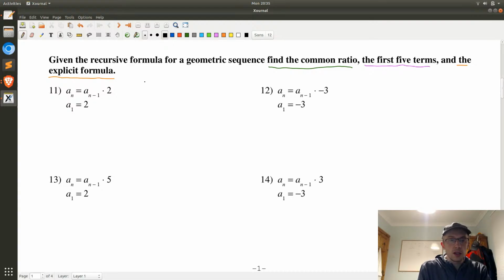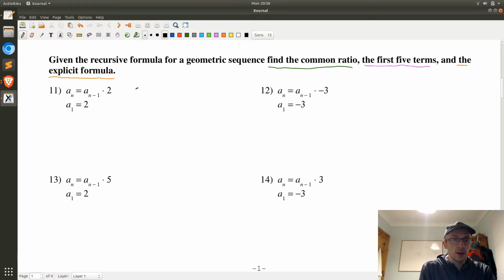The common ratio is, oh wait, we can't do that. I thought you could just pick it off. No. We're given the recursive formula, so we've got to get the explicit formula first. But the only way I'm going to be able to detect that is find the first 5 terms.